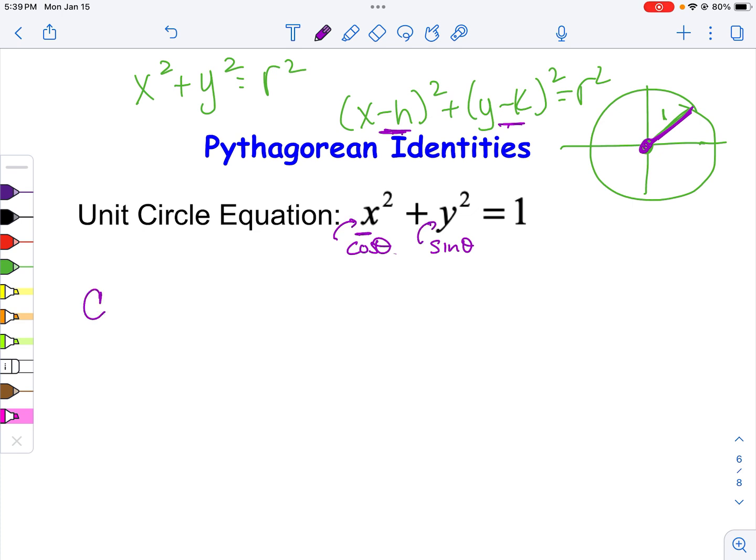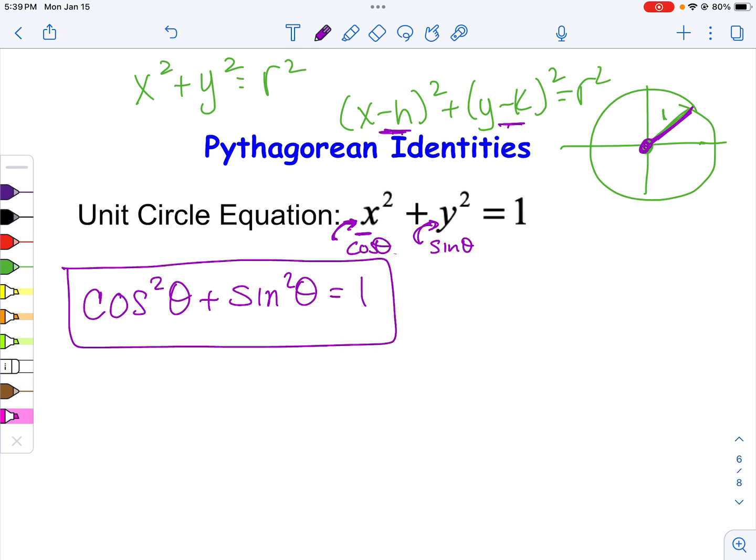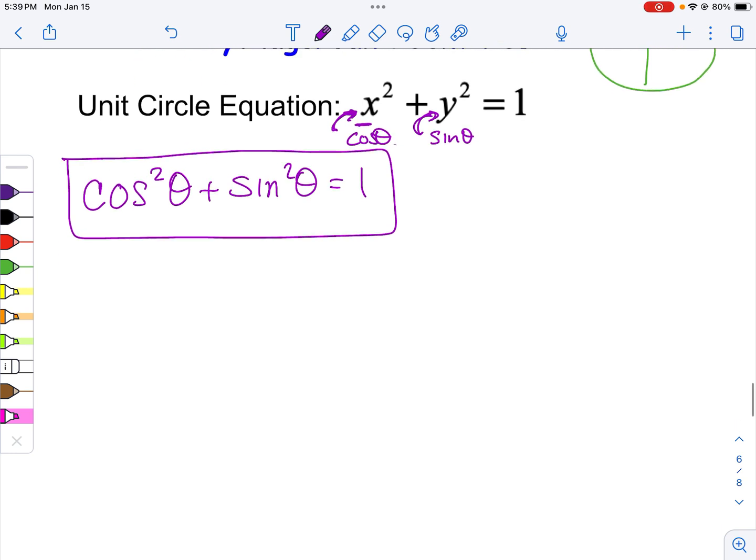So one of the Pythagorean identities is that cosine squared plus sine squared is equal to 1. If I substitute cosine in for x and sine for y and square it, I get cosine squared plus sine squared equals 1. This is going to become something that you memorize just because we're going to use it enough.